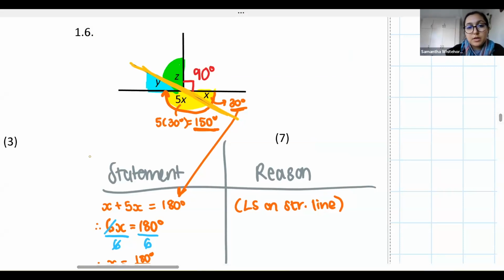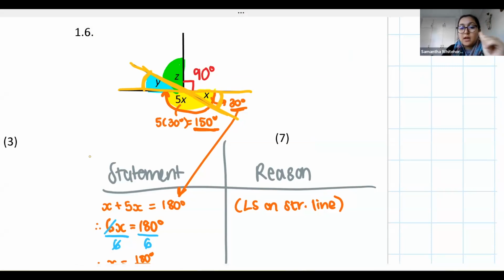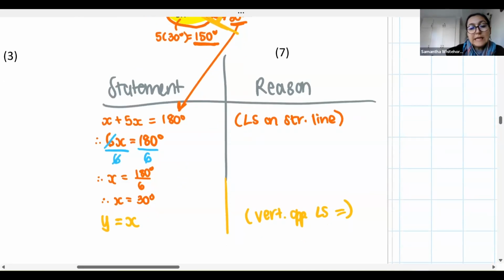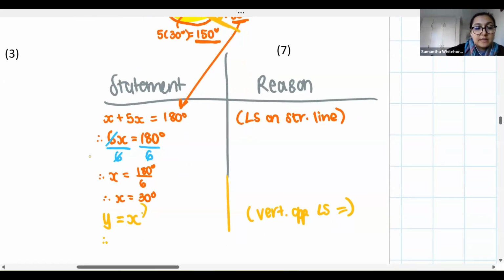It's a weird looking cross, but it's a cross. And so we know that this angle X is equal to this angle Y. They are directly opposite each other at the point where the lines meet. So I know that Y is equal to X. My reason is vertically opposite angles are equal. And because we've worked out what X is, I know that Y is equal to 30 degrees.